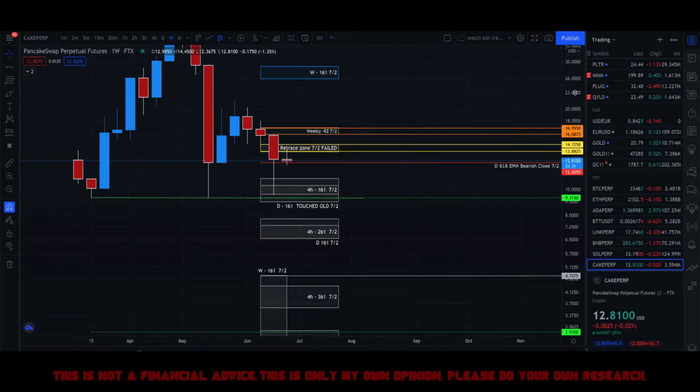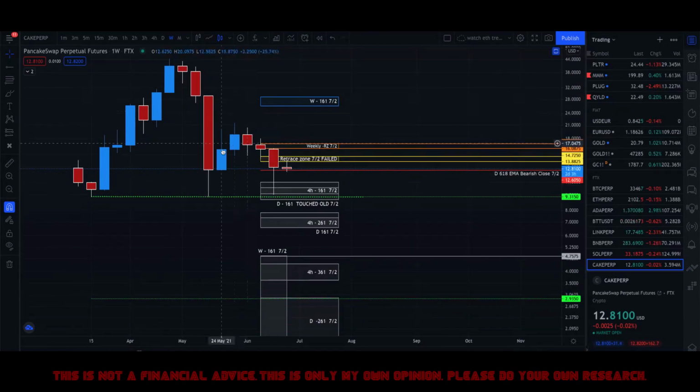And also the second thing is we have this move right here that's already happened, right? The 618, right? You see here my 618 zone, which is the yellow box.